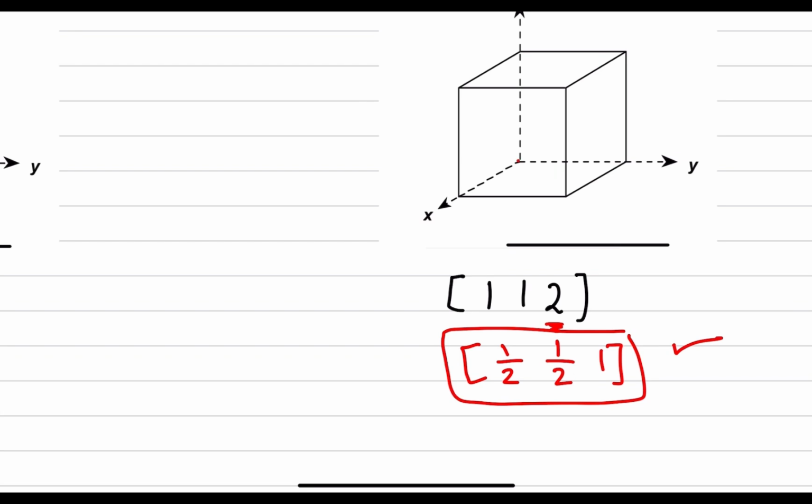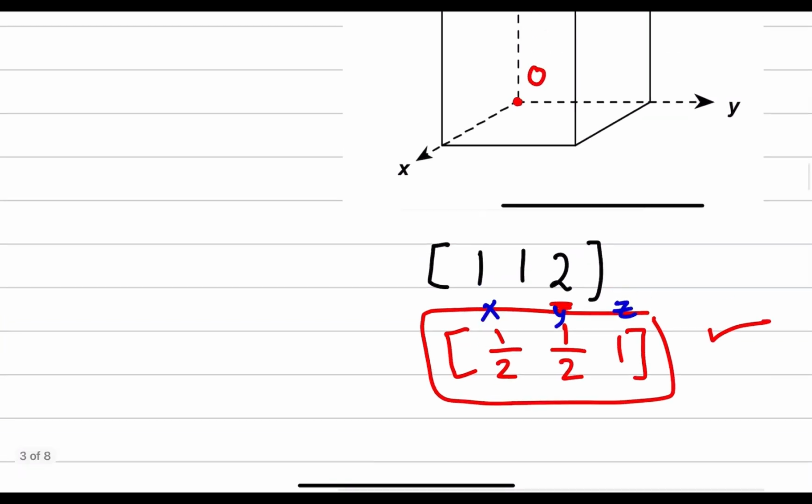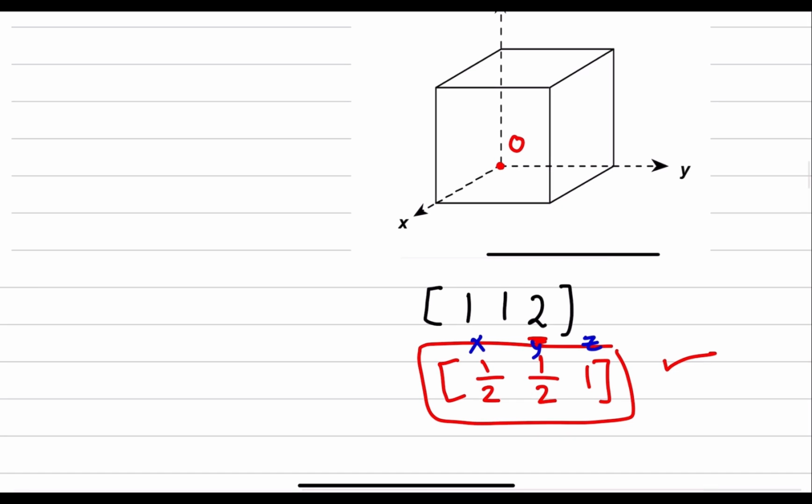Then we will draw the origin, which is here. We will move along the x-axis. So this is x, this is y, and this is z. We will move along x by half, so it is almost like here. And then we will move to the right, because y is half, so we'll move to the right by half like this.